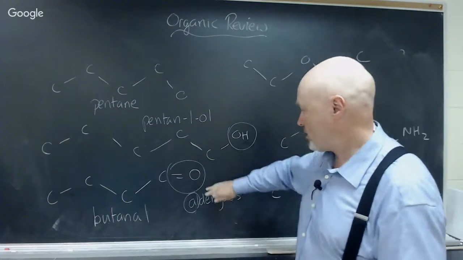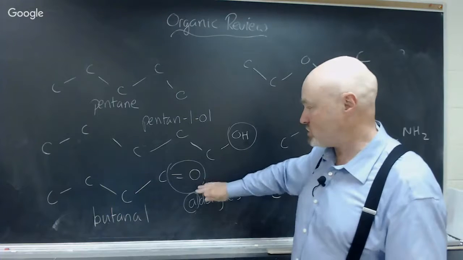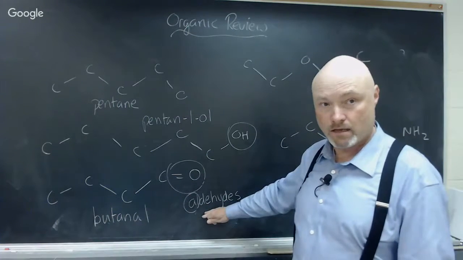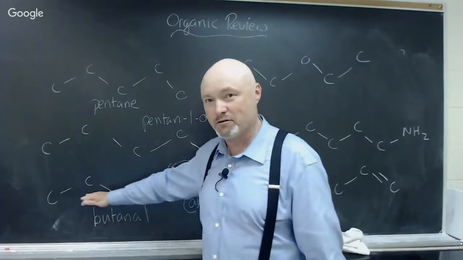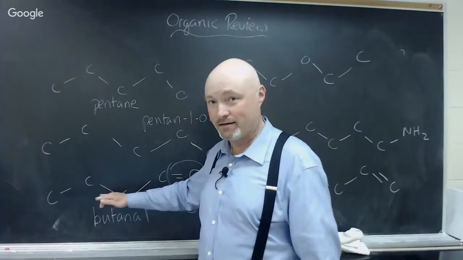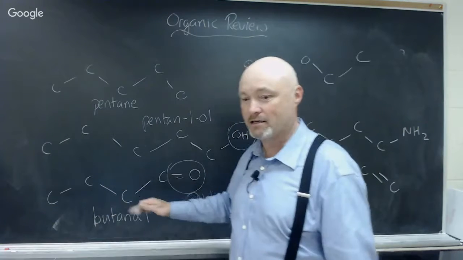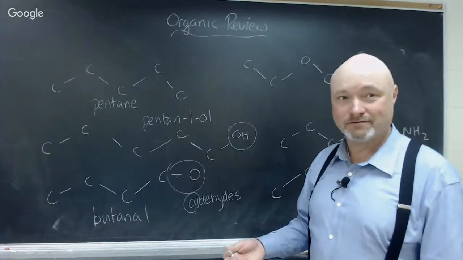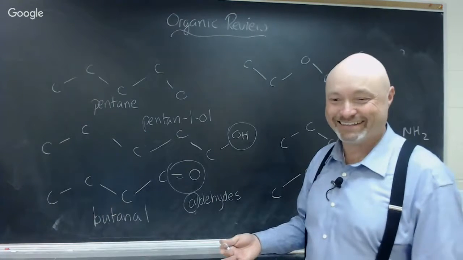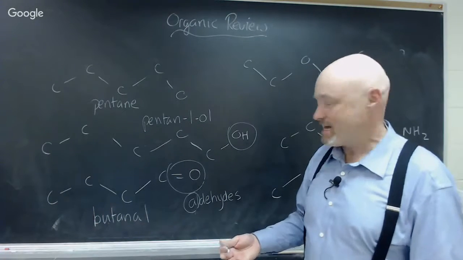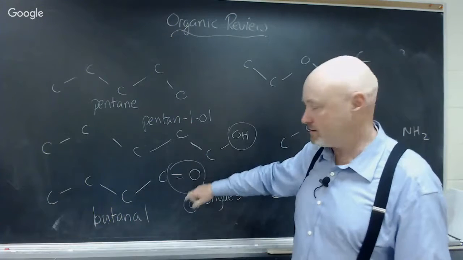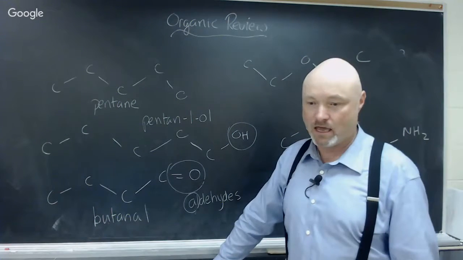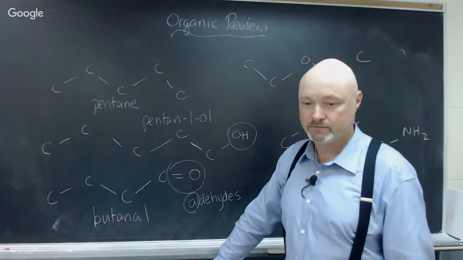If it's got a double bonded oxygen and it's on the end, then it's an aldehyde. If it's anywhere along the chain but not on the end, it's a ketone. It's an aldehyde if it's on the end. It's a ketone if it's on the chain somewhere. Oh, okay. Yeah, that's right.